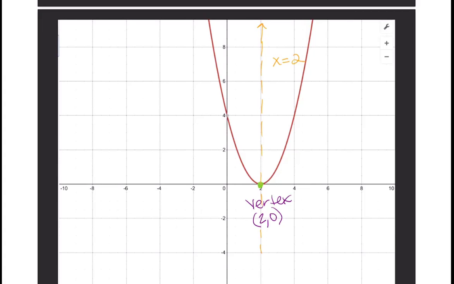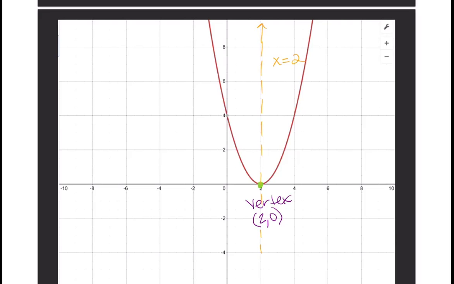So now they want us to start with this little equation that we had, x minus 2 times x minus 2. But they want us to play around with the numbers. It says, use your graphing calculator to find the equation of two parabolas with different graphs that also open upward and have a vertex of 2, 0. So we want it to look like this, shape-wise, right?